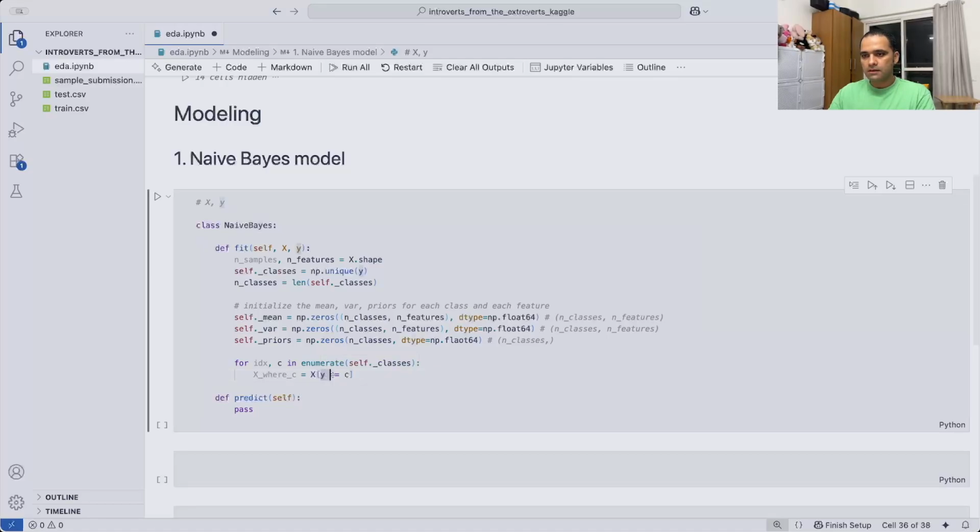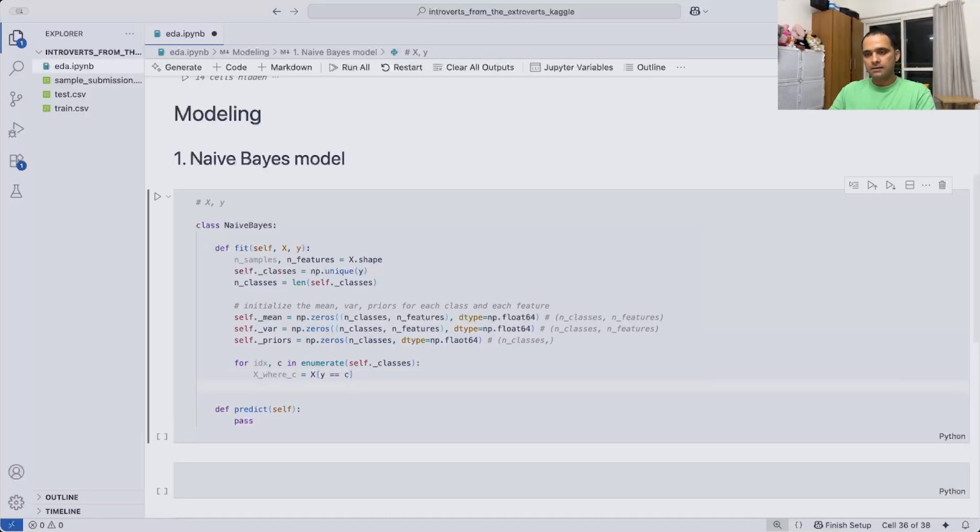So this will give us a Boolean vector of the length n samples. Wherever y is equal to c, it will be true, and therefore we can index into the x with this Boolean vector. So x square will give us the x data where the classes are only equal to c, that particular class.